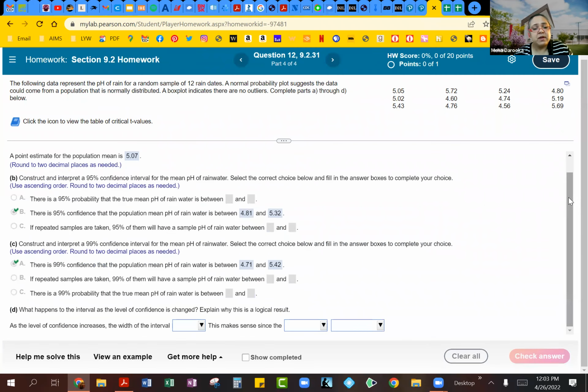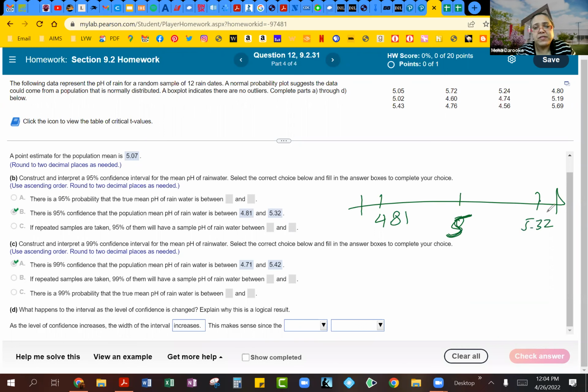So this is where they're asking you what happens to the interval as the level of confidence is changed. Explain why this is a logical result. So as the level of confidence increases, the width of the interval also increases, because think about this on a number line. If you make 5 the midpoint, you have 4.81 here and 5.32 here.